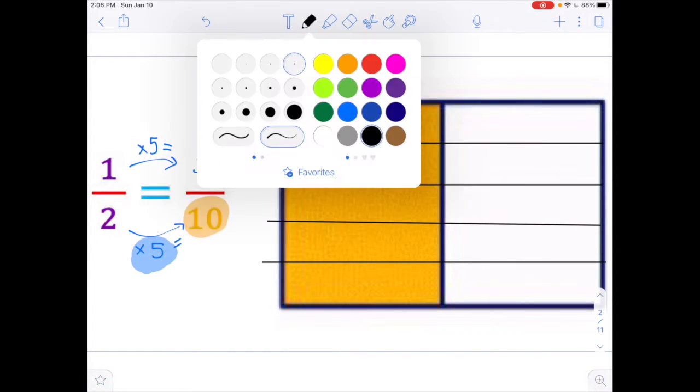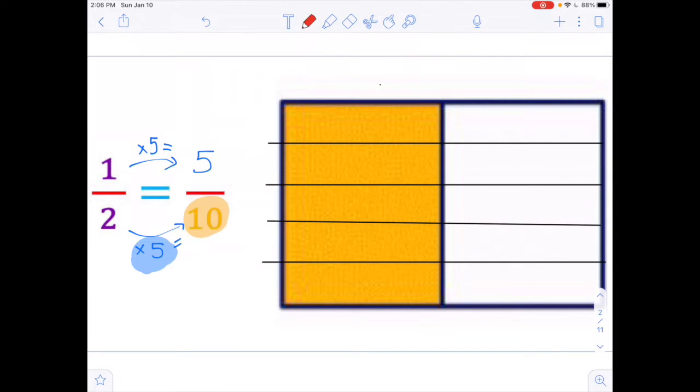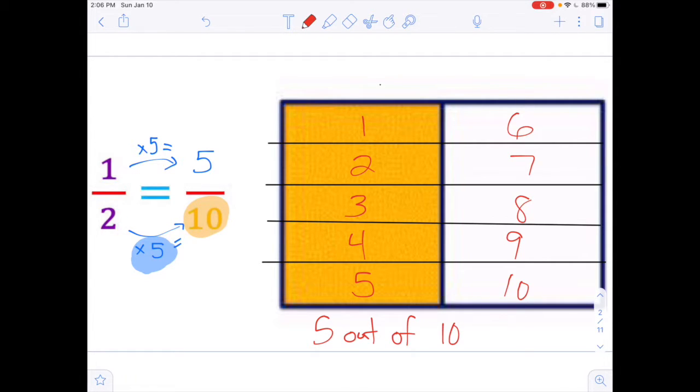All right, so now there's still the same amount of gold. I have not taken any away, erased, and I haven't added any. But you can see there are 1, 2, 3, 4, 5 gold parts colored in out of 10, or 5/10. So 1/2 was the same as 5/10.